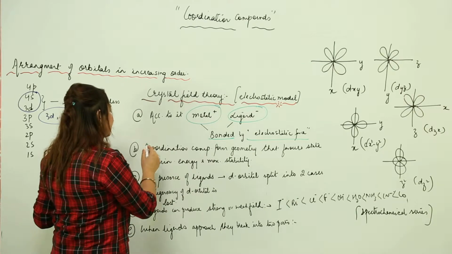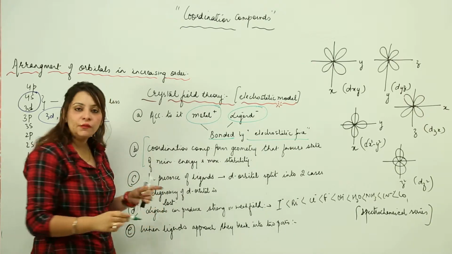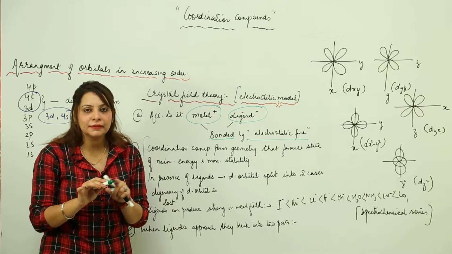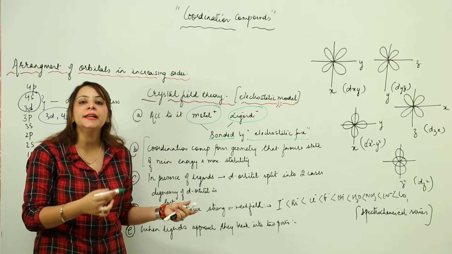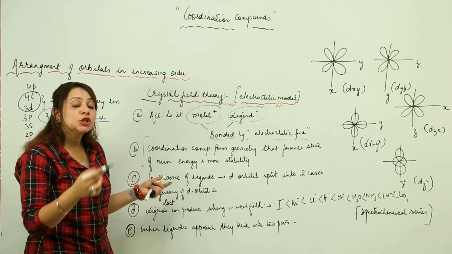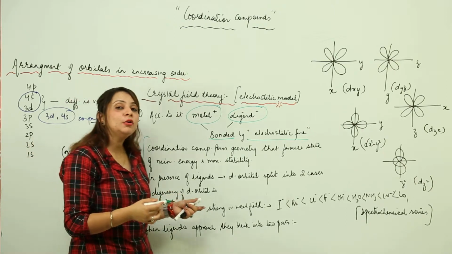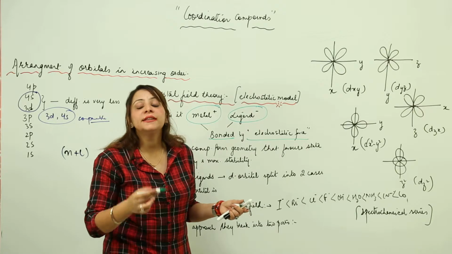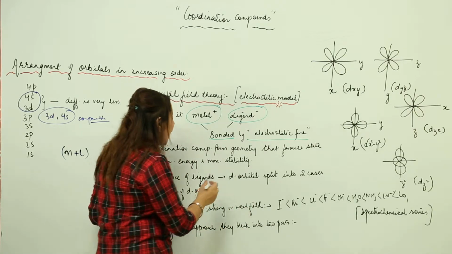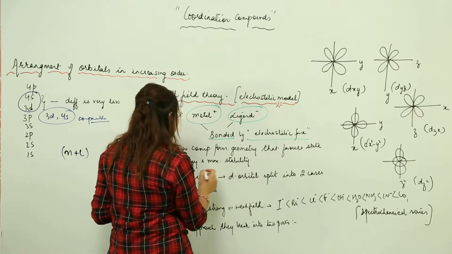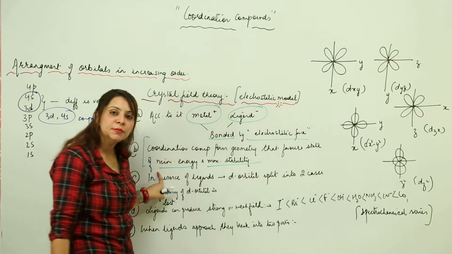The second thing this suggests is that when they bond, obviously the bond is going to be coordinate, like we have done in the past, that in coordination compounds strictly the bond is a coordinate bond. If we talk about the geometry in this case, which geometry will be favored? That geometry will be favored which minimizes the repulsions, or which has minimum energy and maximum stability.